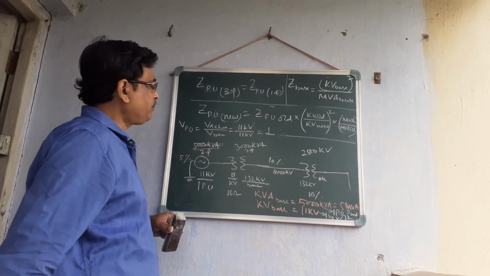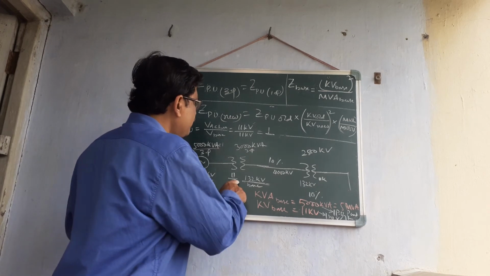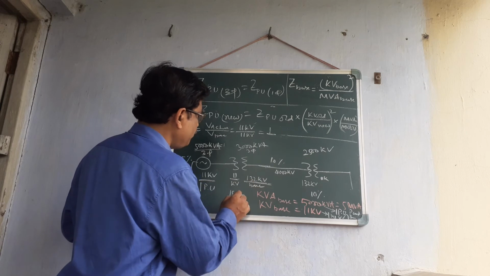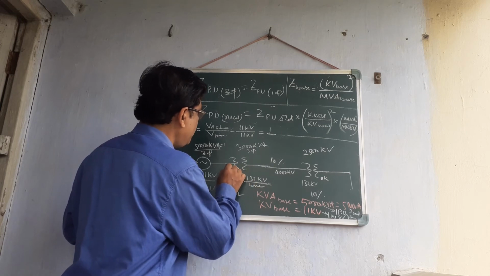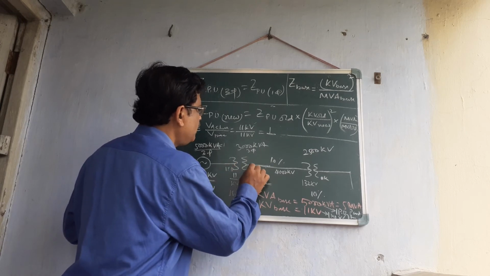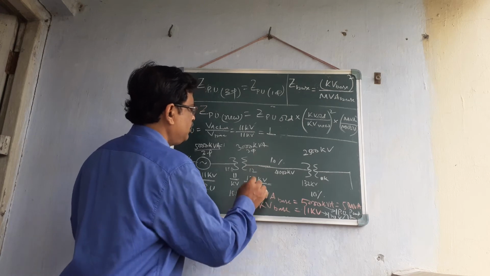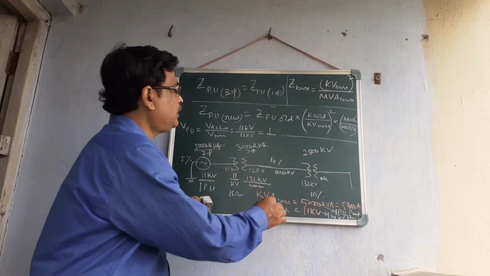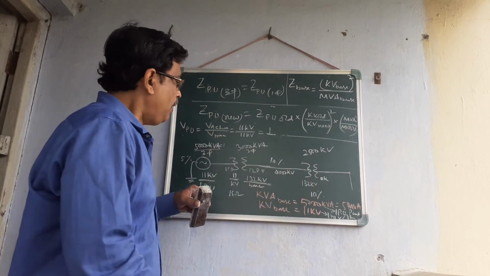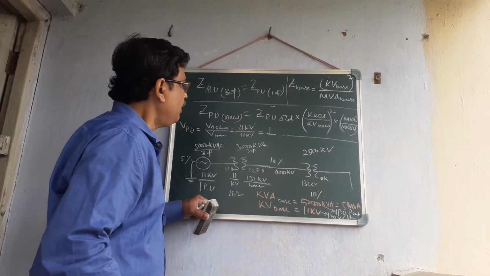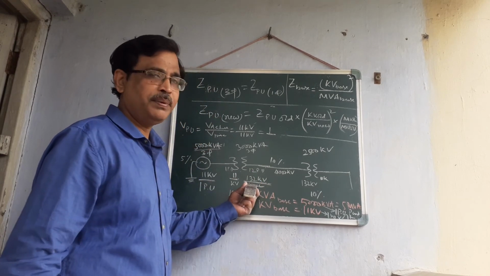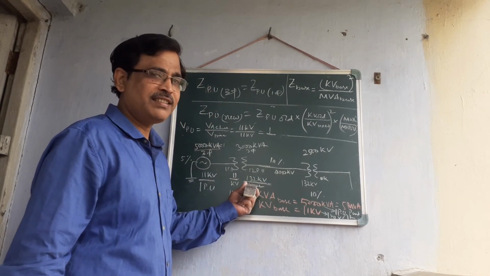If it is 1 per unit voltage here, the voltage will be 12 per unit here, but the base kV is this.